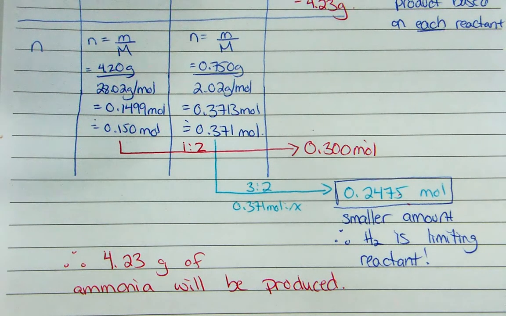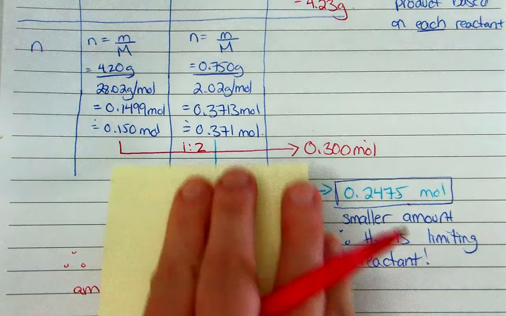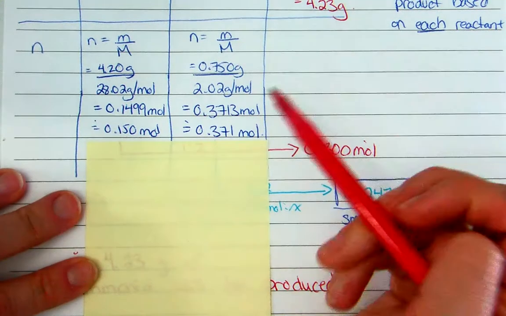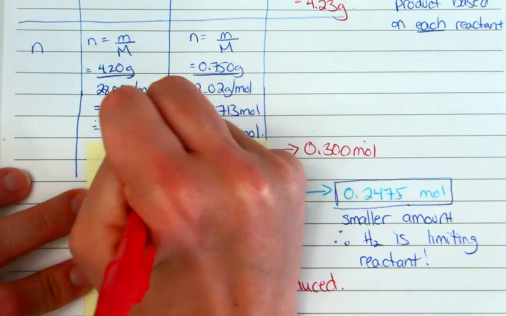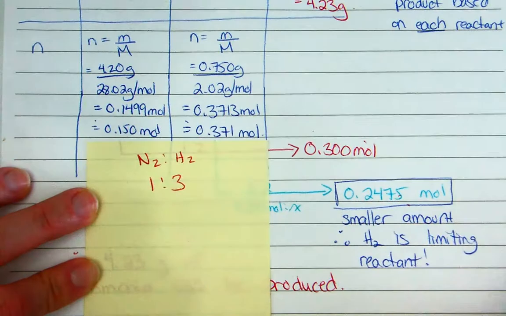So what is the other option for how to compare? The other option I could do is I could just say, well, let's compare my reactant values using the mole to mole ratio. So I could say right here, my ratio of nitrogen to hydrogen needs to be 1 to 3.